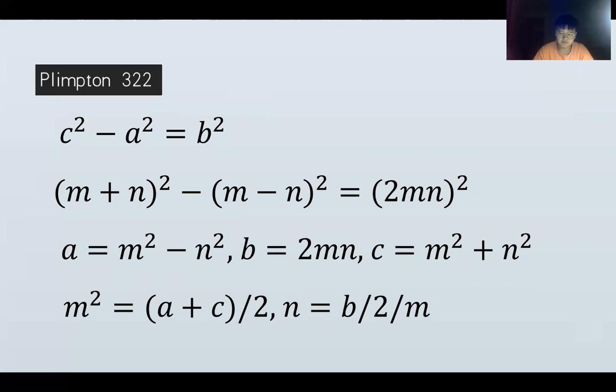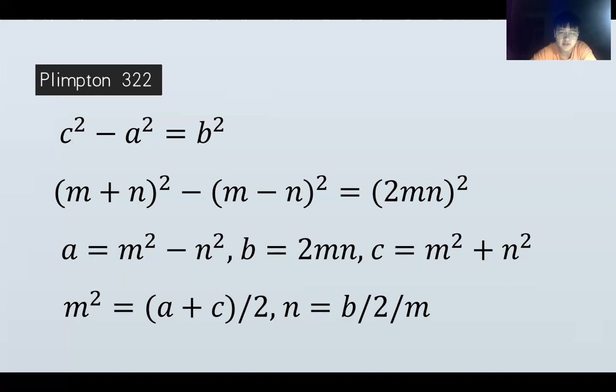Because we already knew that the Pythagorean triples are infinite. And how did we prove that? This is how we prove that. We use m and n, any number sets in which m is bigger than n, and we can have a unique Pythagorean triple.